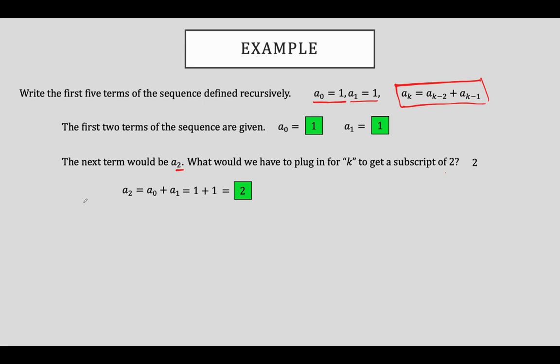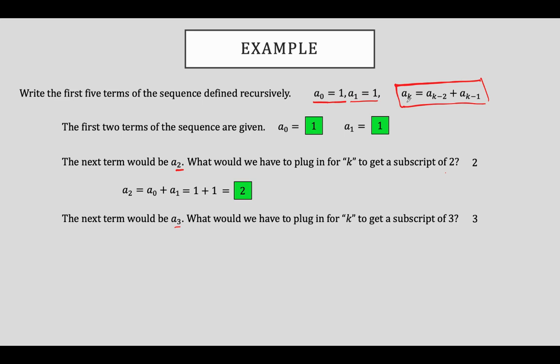The next term would be A subscript 3. We come up to our equation that defines the sequence. We need to make this subscript 3. What would we have to plug in for k to get a subscript of 3? We'd have to plug in a 3 for k, and we plug in a 3 for k in each position, wherever we see a k.